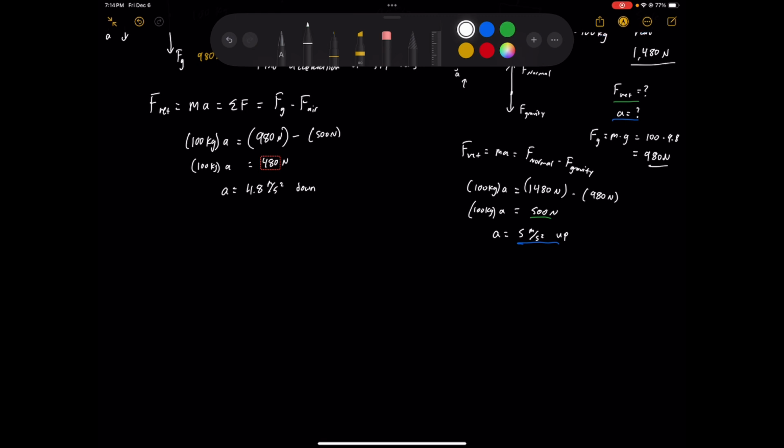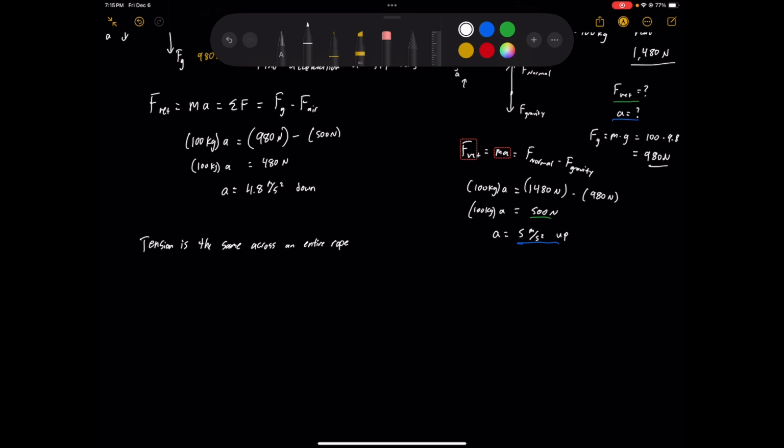So actually, really, it's just reinforcing that the tension is going to stay the same throughout the entire rope or string or chain, whatever it is you're dealing with. All right, so the tension is the same across an entire rope. All right, so that's just an important fact about tension.